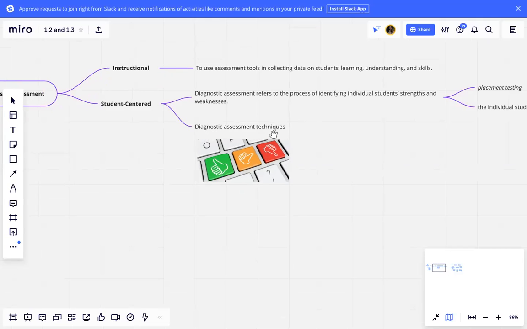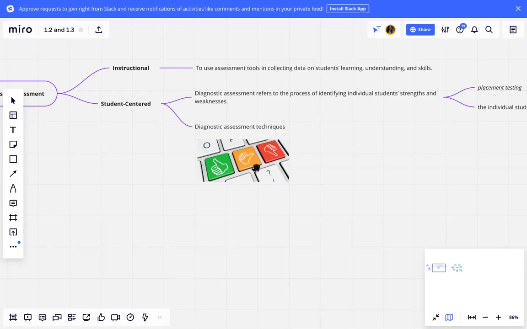As you can see in this part, diagnostic assessment techniques, as we can see in the image, we can use many kinds of assessment tools. For example, I remember that I had a professor who gave us some happy or sad faces in order to notice if we have understood the topic or not.